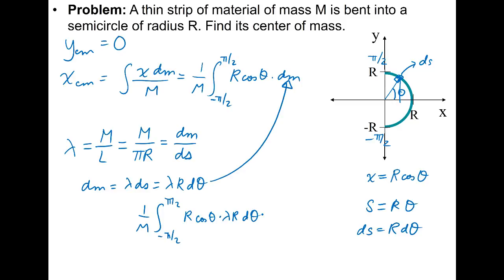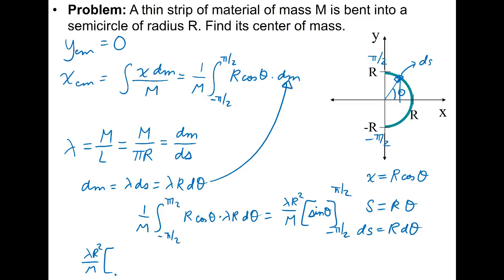And then we can evaluate this expression to calculate the center of mass. Let's just go ahead and do this. Now the integral of cosine is going to be sine, and that has to be evaluated from pi over 2 to negative pi over 2, and that's going to be lambda r squared over m.